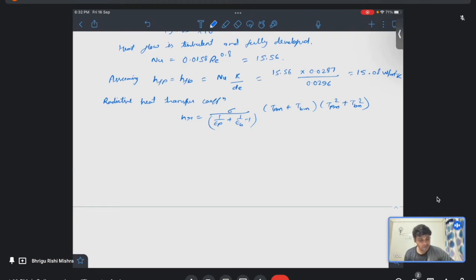TPM minus TFM or TBM minus TFM is of the order of 10 Kelvin, and since here we are considering absolute temperatures, we can consider TPM equals TBM equals TFM. This is a very fair assumption.